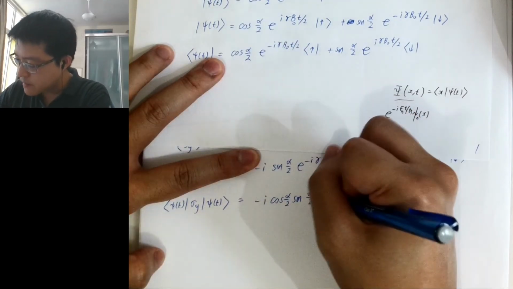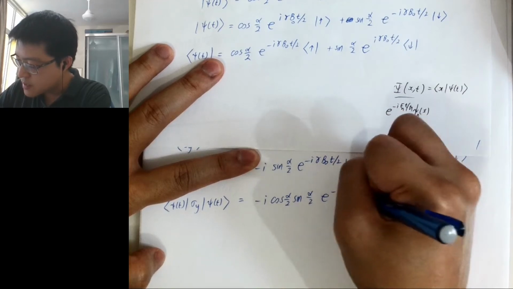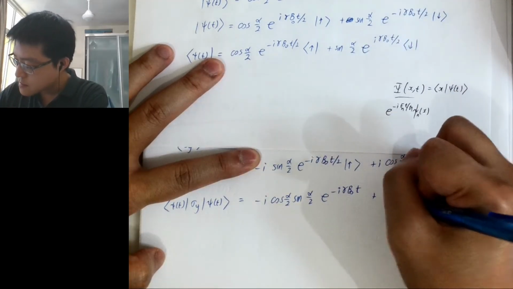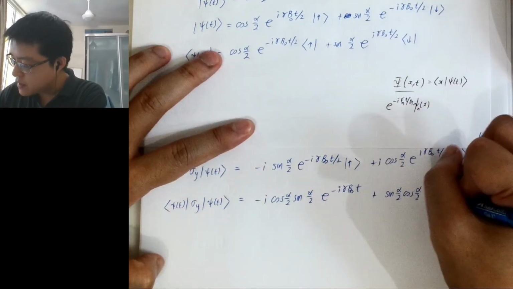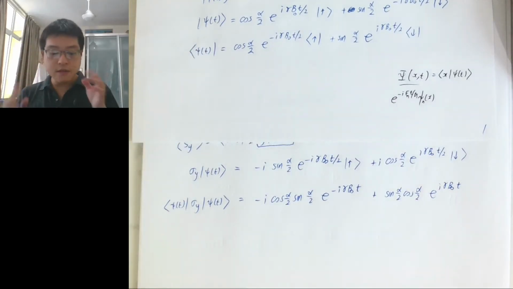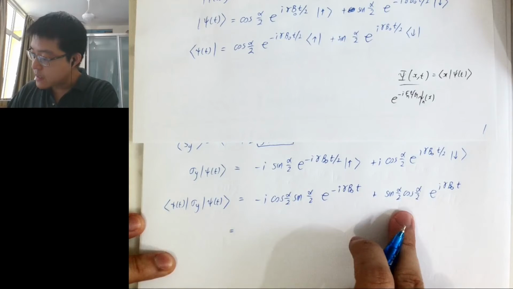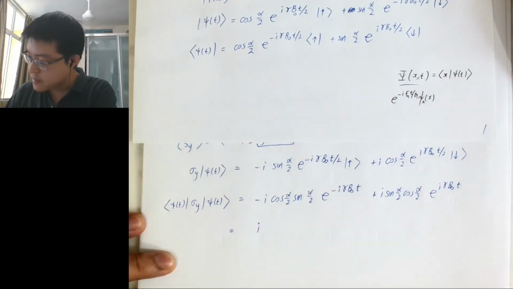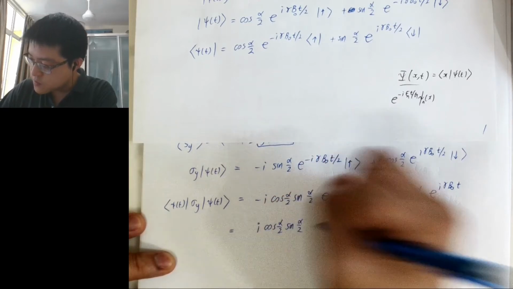Both are the same power, so I square this, so it just becomes e to the i gamma B0 t, and then there's an i sine cos, and then e to the i gamma B0 t. So this one also can be simplified. There's a negative, and an i, so everyone has an i factor, and then everyone has a cos alpha over 2 sine alpha over 2.